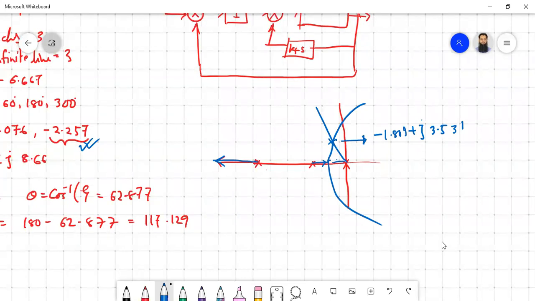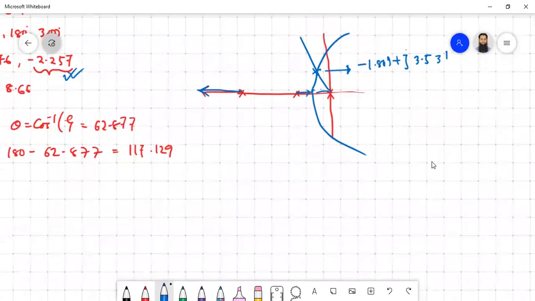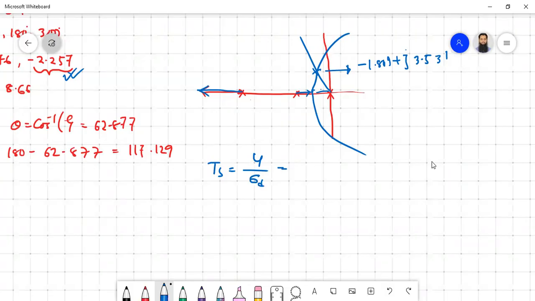So now they ask you to figure out what should be the new value of Ts. So basically, Ts is 4 by sigma d. Sigma d is basically 1.809. From this one, because it is very much straightforward, you don't have to repeat it, because if Ts is 4 times lesser, then sigma d value has to be 4 times higher.